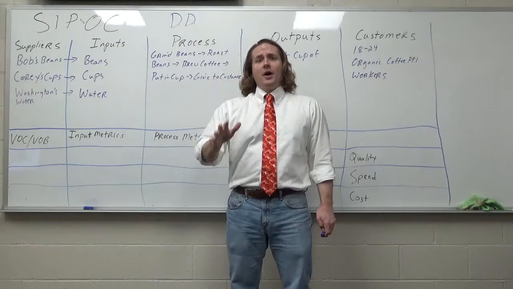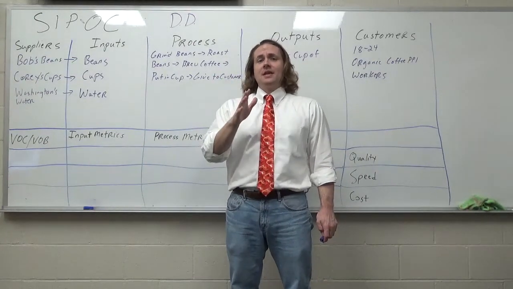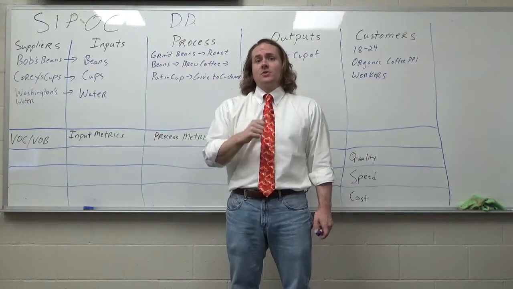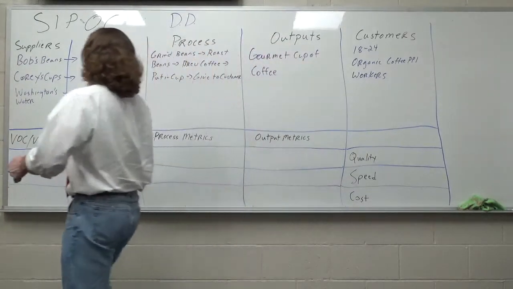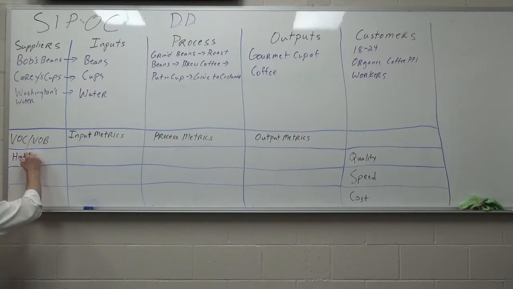Our customers want high-quality beans, okay? That's something that they want, and they're willing to pay extra for your coffee to get those high-quality beans. So we know that's voice of the customer, and so let's get high-quality beans, or high-quality coffee. So they want that delicious, delicious coffee.